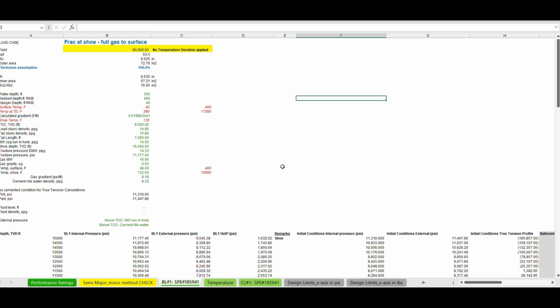With a given external pressure profile, you calculate your delta P, and with all the forces from the initial conditions, you come up with a tension profile. From that you come up with your triaxial design factor, or you use this tension versus delta P profile and compare it with the design limit for the triaxial and the uniaxial limits.